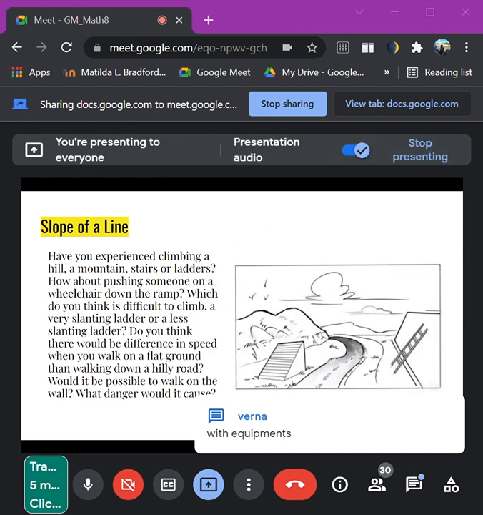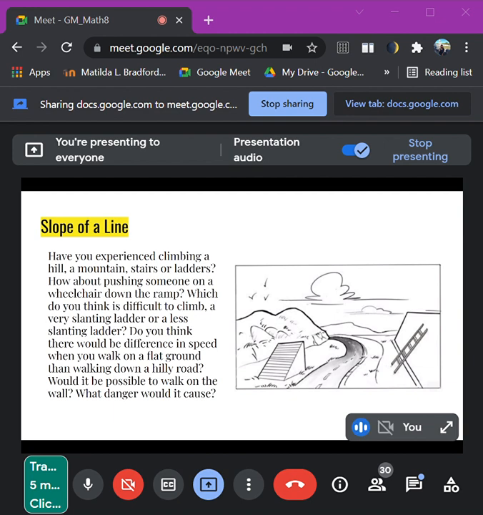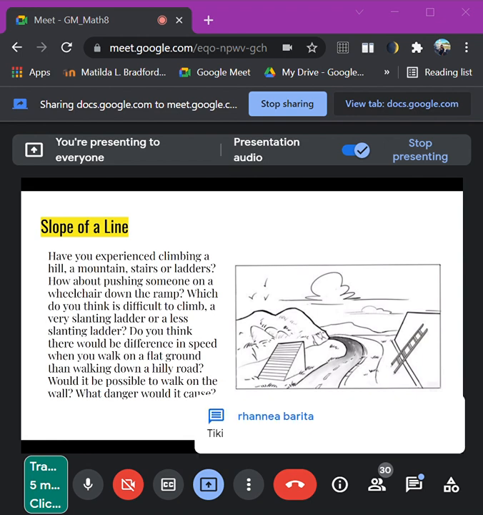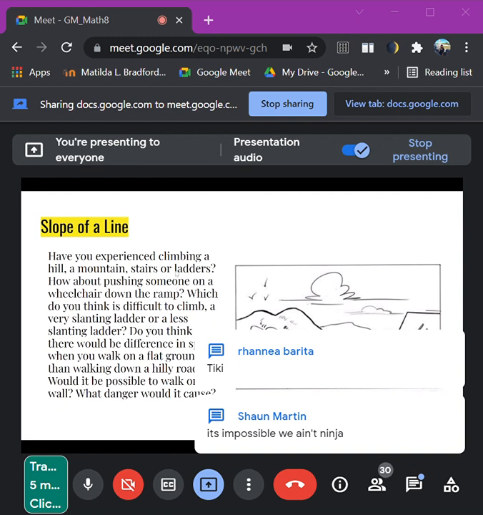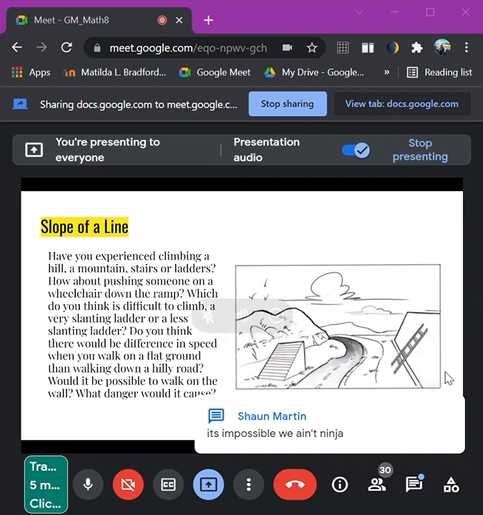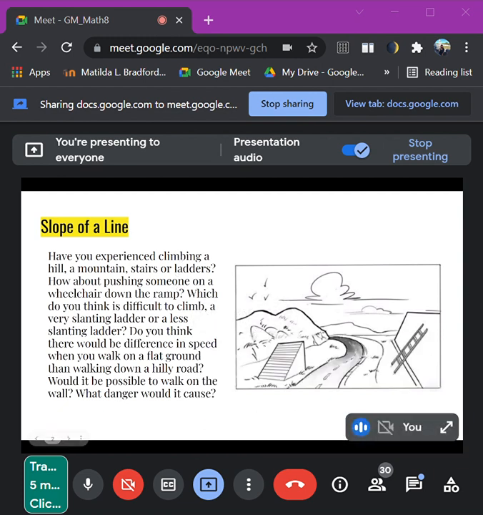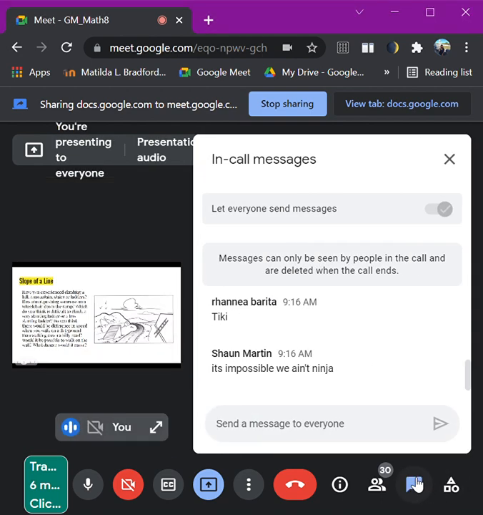Yes, with harness. You might be able to walk if you're wearing a harness. Okay. So, it's very difficult to walk on a wall if you're just an ordinary person. So you have there, it's impossible.